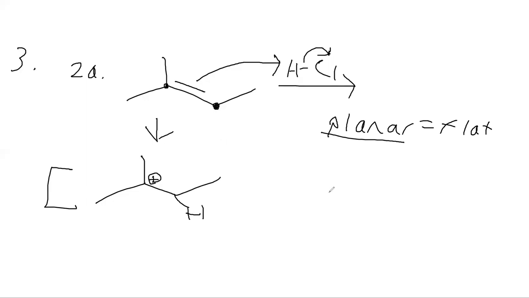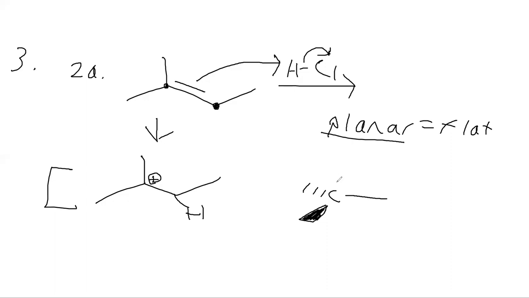So I'm gonna draw a carbocation. This is sort of a 3D representation. The dashes mean it's going into the page or the screen, and the wedge means it's coming out. If I were doing this in person, I'd show you a model, but I'm sure you can find pictures on the internet.